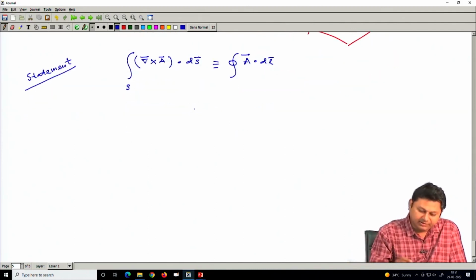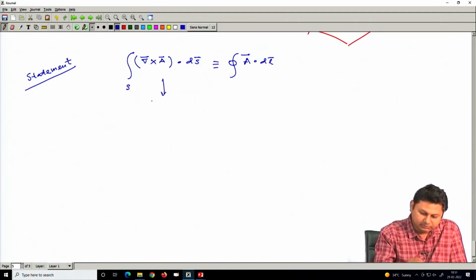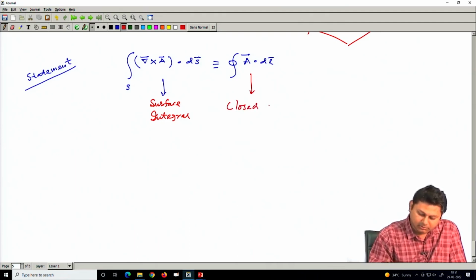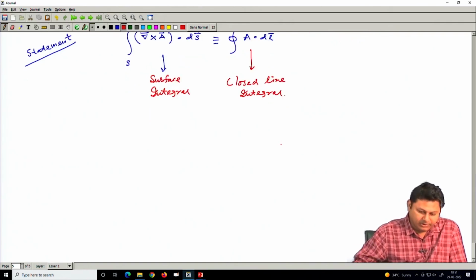Okay. So, this is a surface integral, and this is a line integral, closed line integral. Well, let me prove it like the previous way.